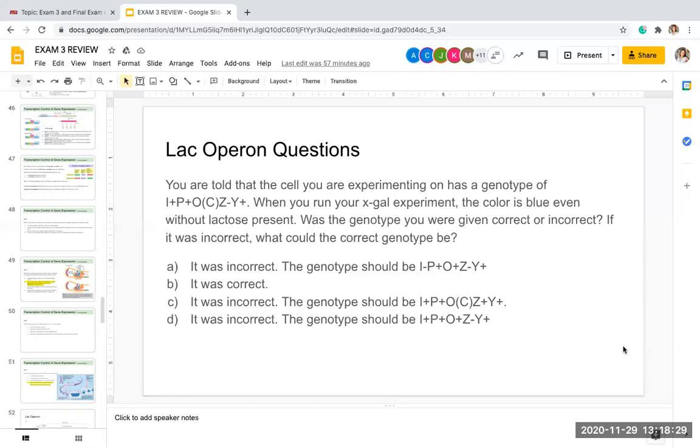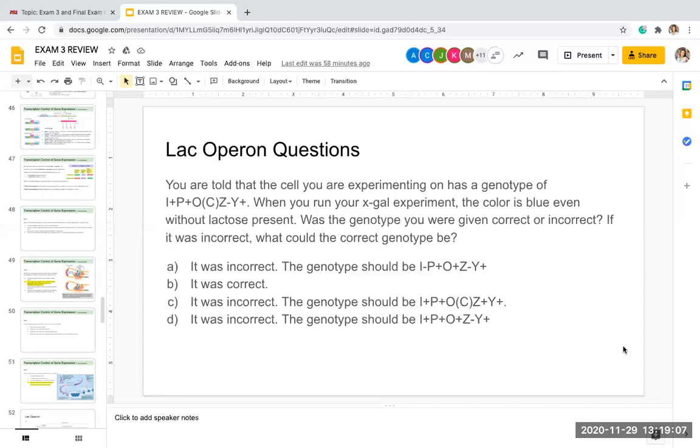So beta-galactosidase's job is to cleave lactose and to create products that our body can then use. But even if we don't have lactose there, beta-galactosidase can still be present and it can still be causing the blue color if there is a mutation that essentially causes the beta-galactosidase and the other genes that are with the beta-galactosidase to be expressed constitutively.